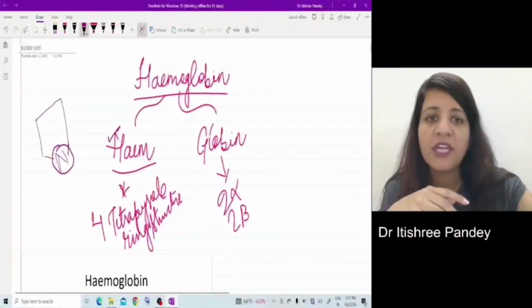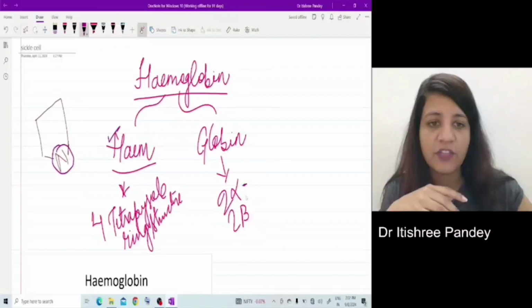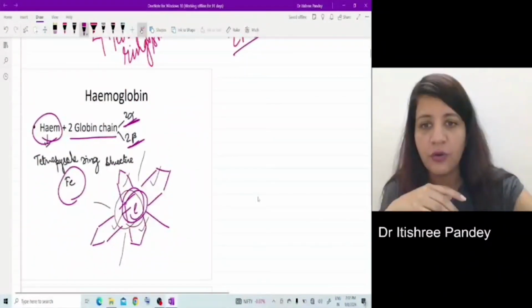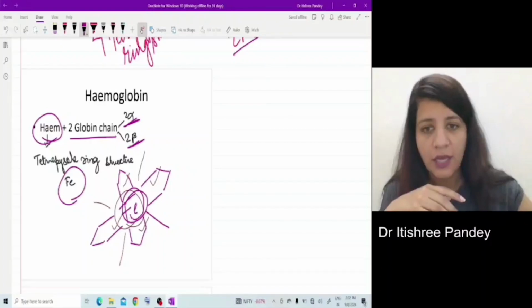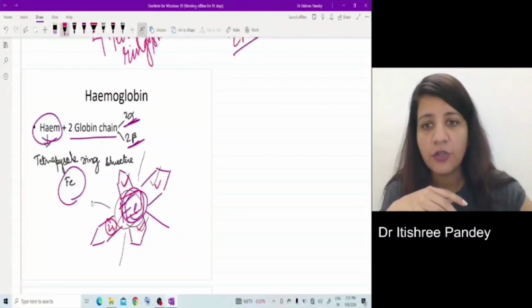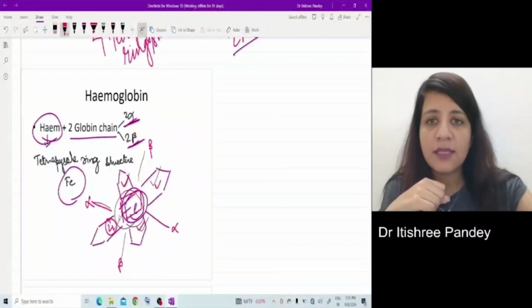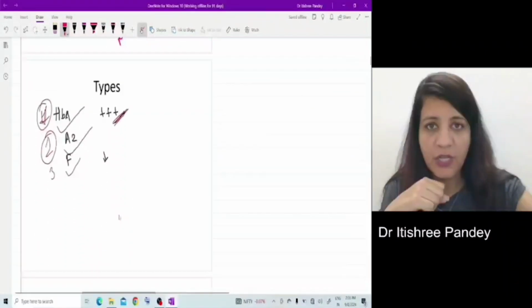Now coming to globin, globin comprises 2 alpha chains and 2 beta chains. So there is iron in the center, the tetrapyrrole ring structure, and 2 alpha and 2 beta globin chains. This is the structure of hemoglobin, and this is how normal adult hemoglobin looks.